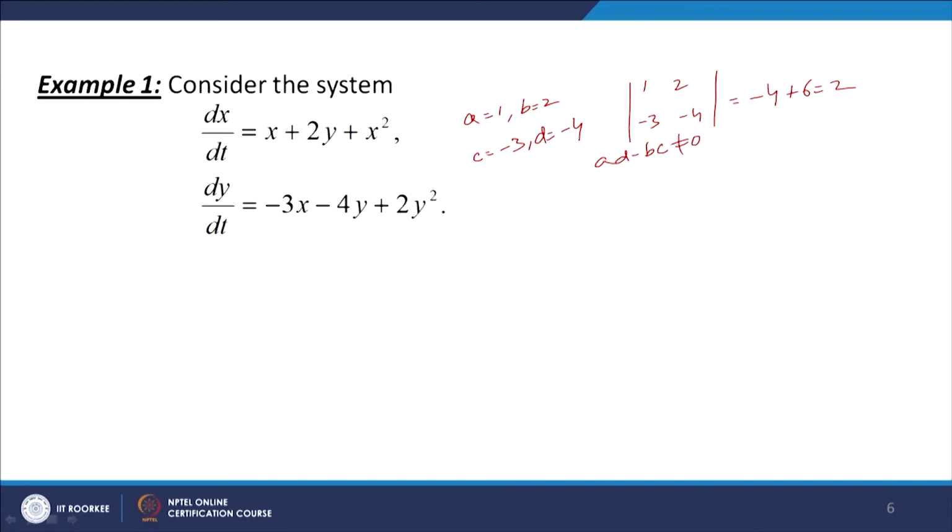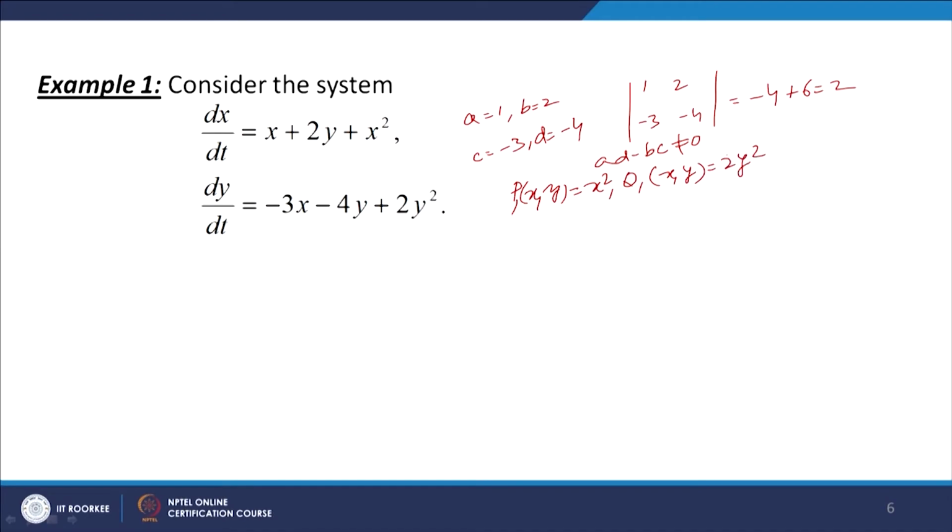So, our nonlinear system is such that the coefficients of x and y, that is a, b in the first equation and c, d in the second equation, satisfy the condition ad minus bc not equal to 0. P1(x, y) is equal to x squared, Q1(x, y) equal to 2y squared.